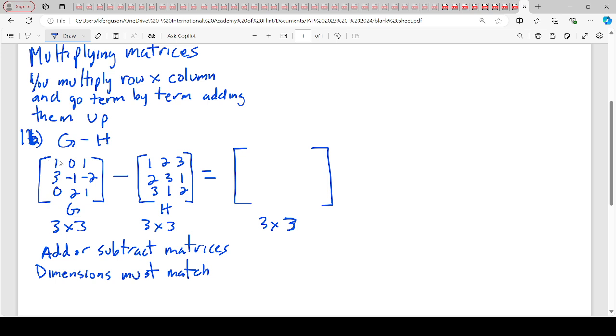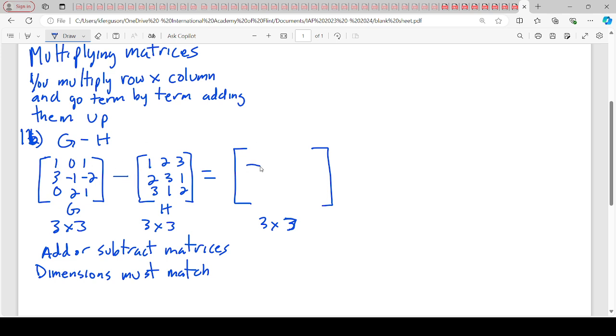Now I say corresponding because if I look at the first term here, there's a first term there. I subtract those two. I have a second term here and a second term here. Now, before we were going row and column when we were multiplying. Now we go term by term that correspond to each other, right?